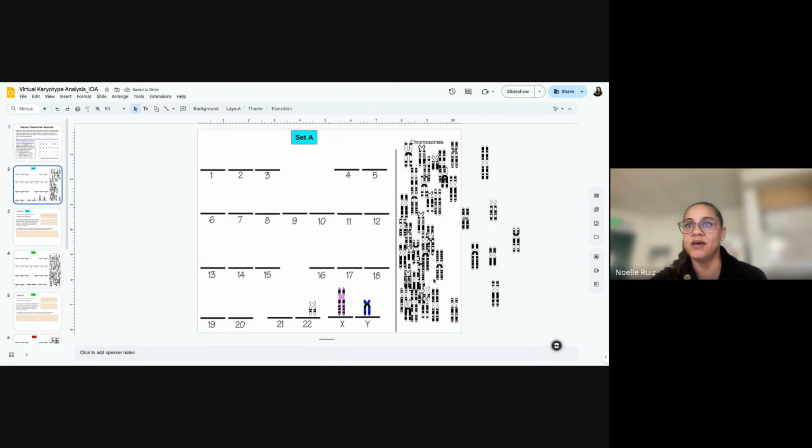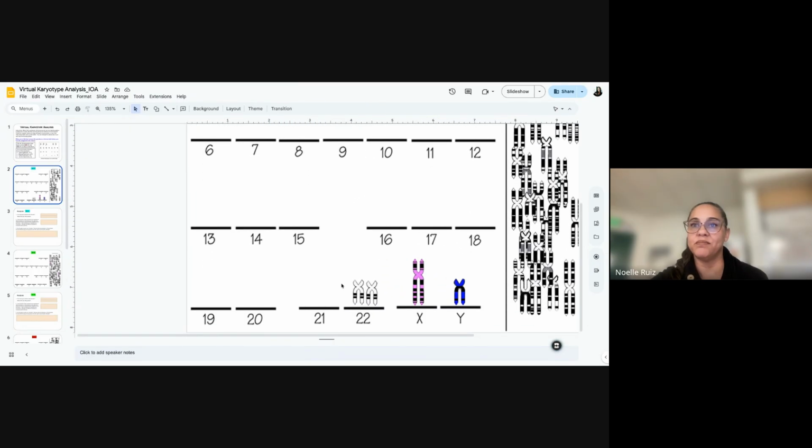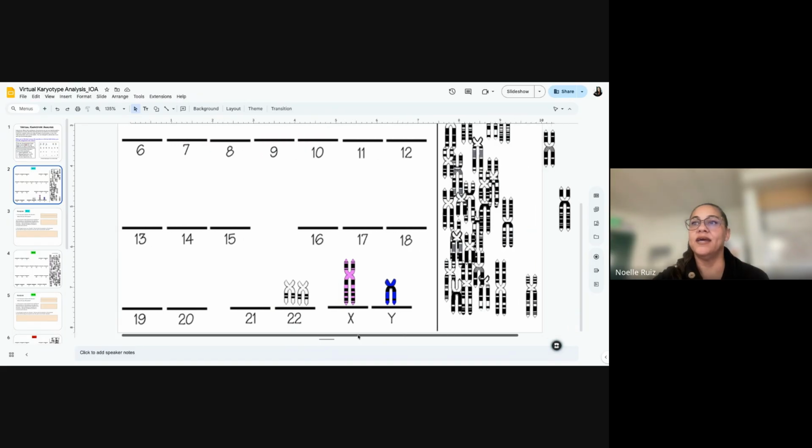And then you find its match. Here's its match. And they match exactly. Like I said, these are called banding patterns. So you can use 2 fingers to blow them up. But you can tell these are basically twins. They have the exact same banding pattern, the exact same stripes, if you will. And then that's what you do.